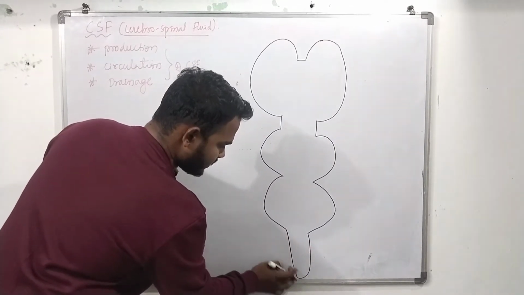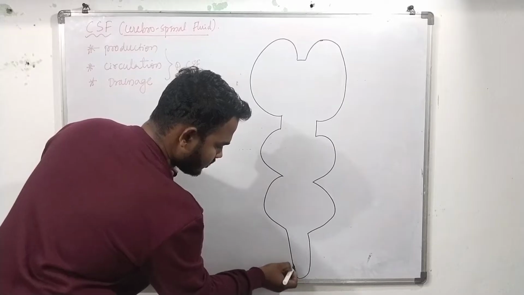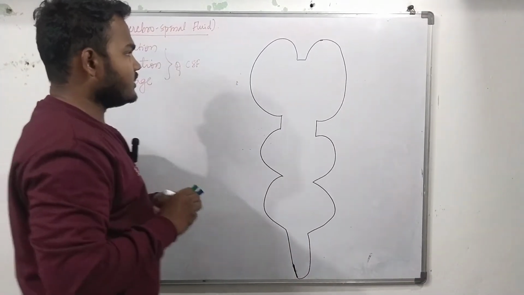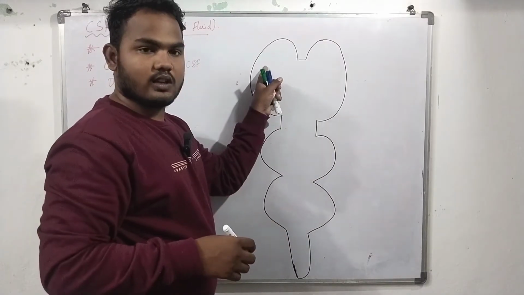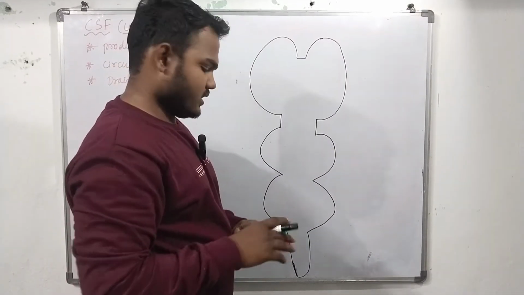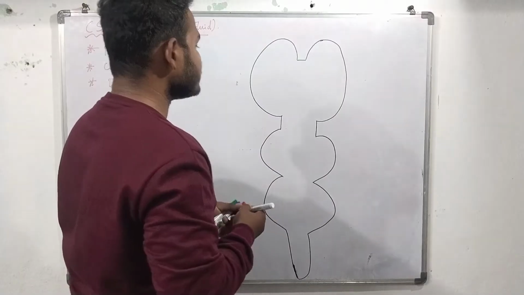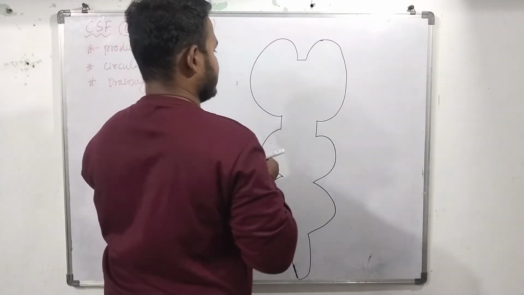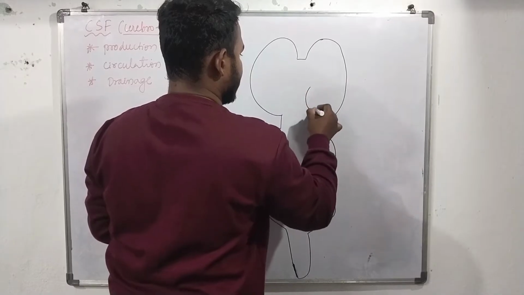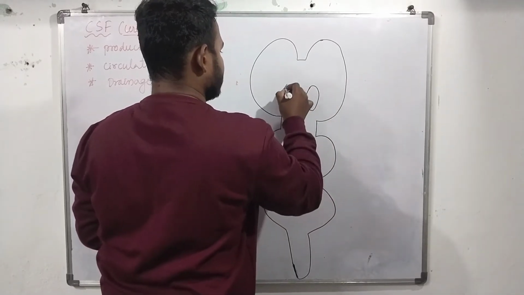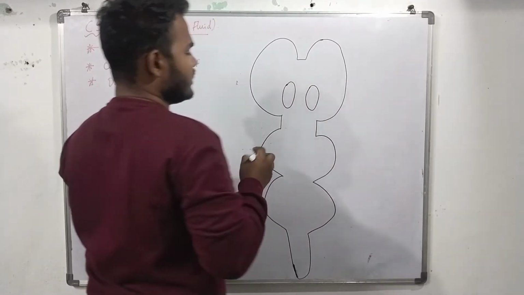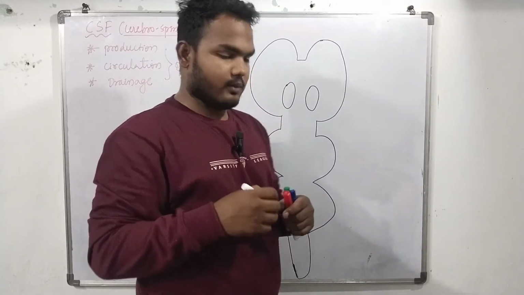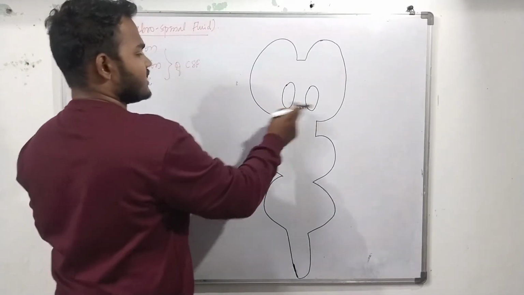Okay, this is right and left hemisphere. And just we will see the thalamus here, which are present in the cerebral hemisphere.